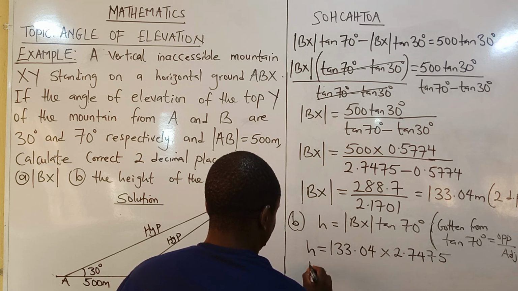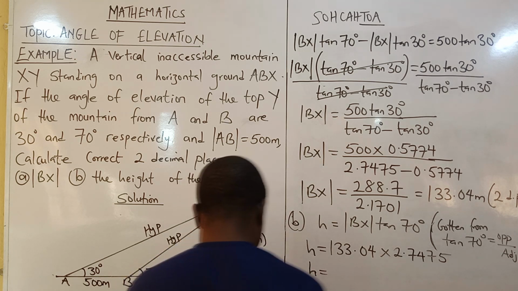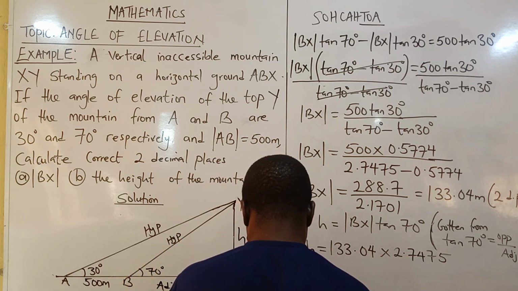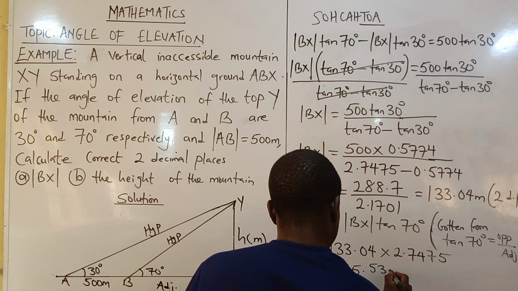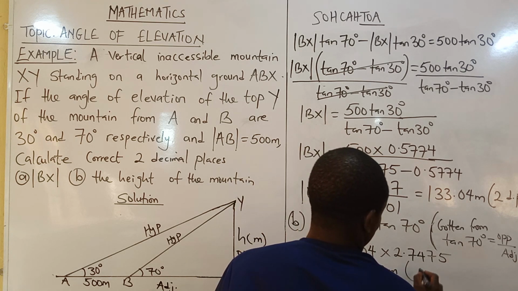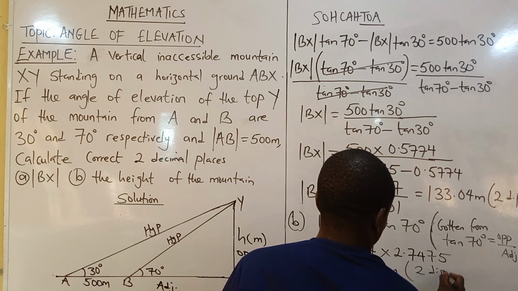Your H now equals 365.53 meters to two decimal places.